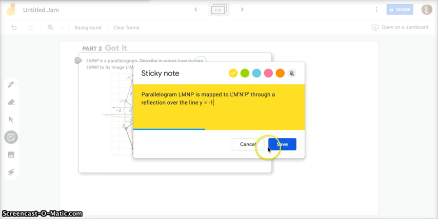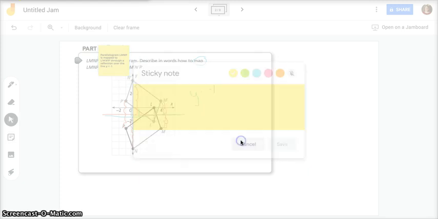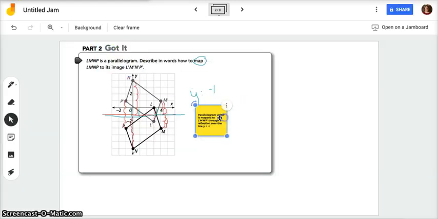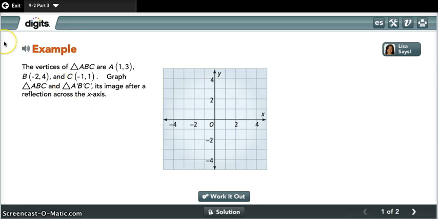So that would be a perfectly great explanation for how we got this reflection.